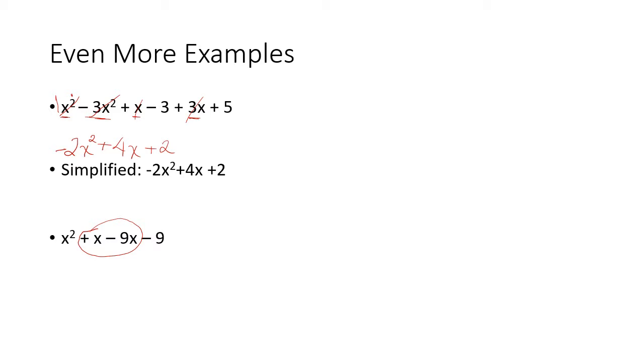We see it's only one x squared that we can use. And then we have 1x minus 9x, which will give us minus 8x, and then plus 9, and that is as simplified as it can get.